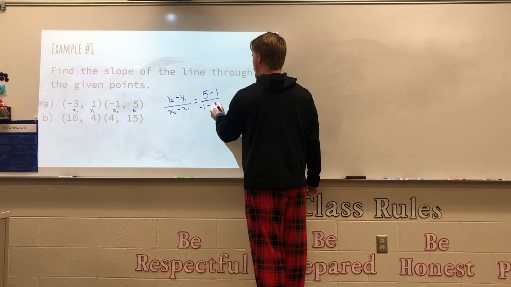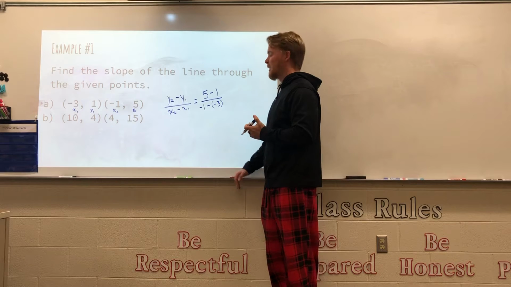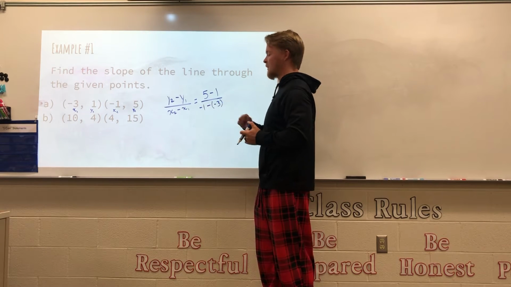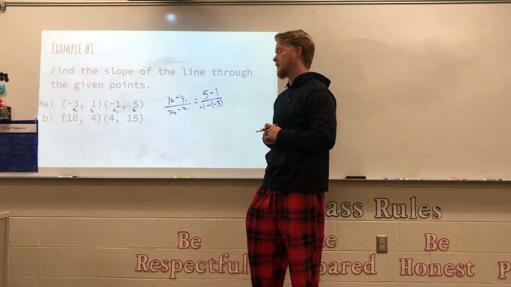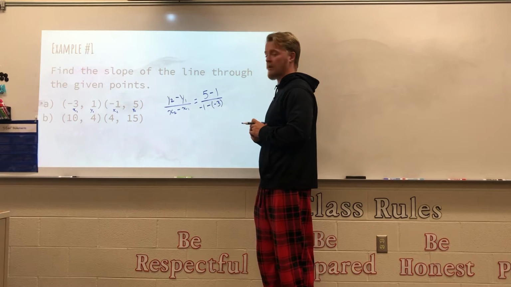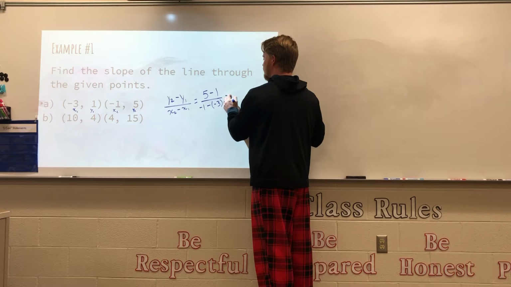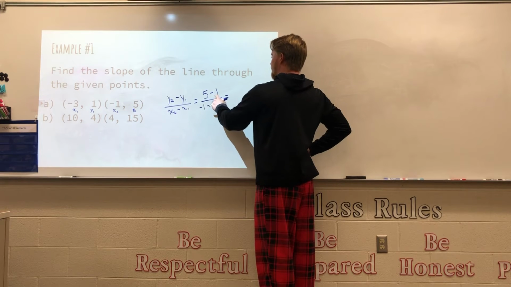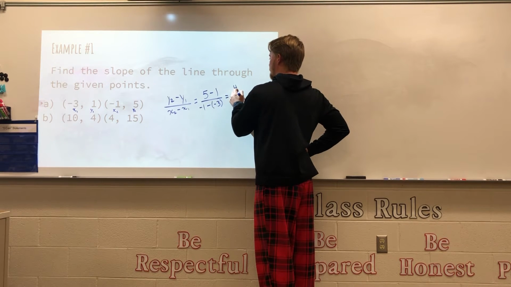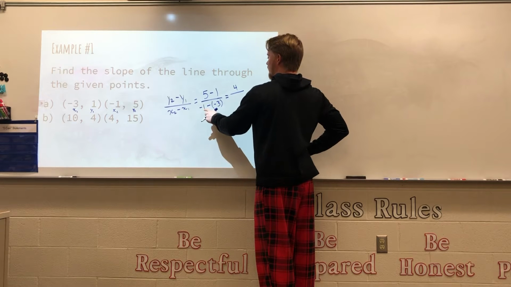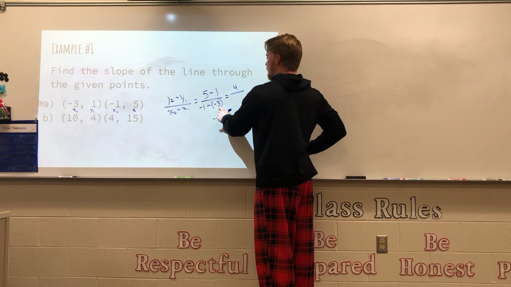That's the main part where I see students get confused or trip up, is where they have a minus, a negative sign, and they just want to put one minus sign. Remember, this is minus a negative, so that's very important to get your signs correct. So then we have to just simplify the top and bottom. 5 minus 1 is 4 over negative 1 minus negative 3.